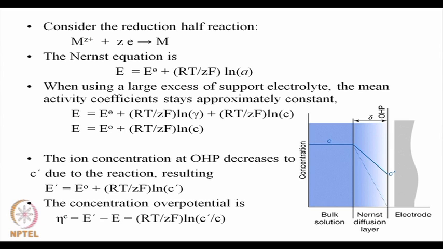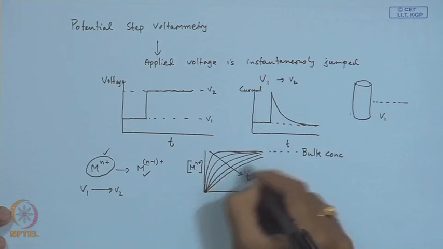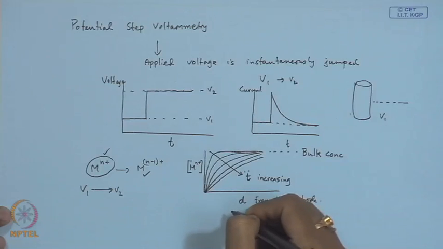So, what is happening is that the ion concentration at the outer Helmholtz plane decreases to some value due to reaction. It was C, now it has decreased to some value C prime, due to the reaction, as I have shown you, with distance.